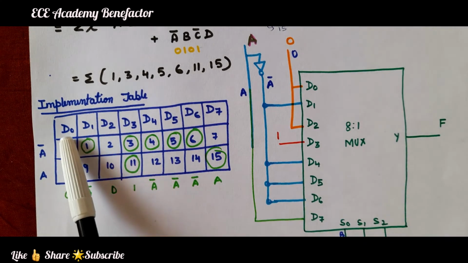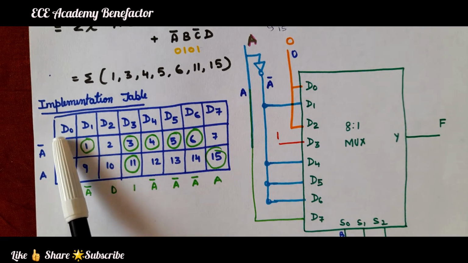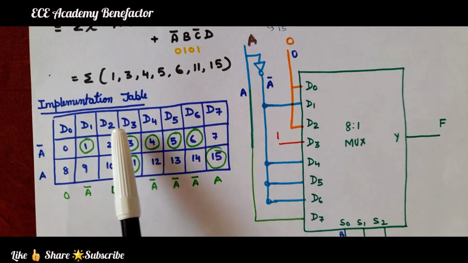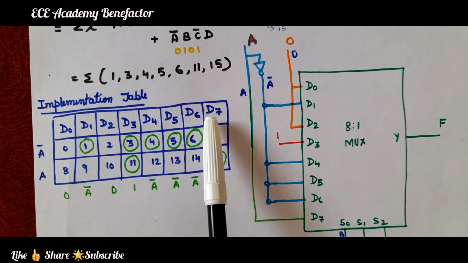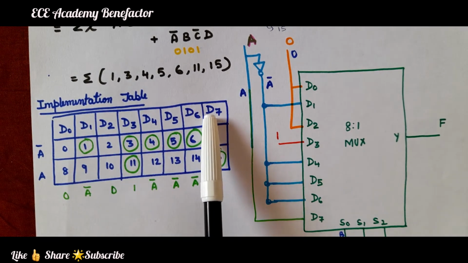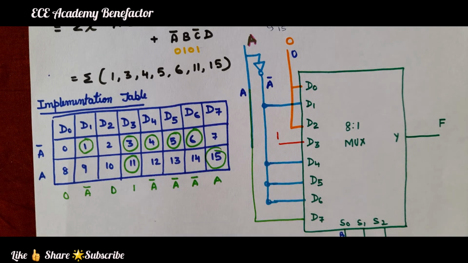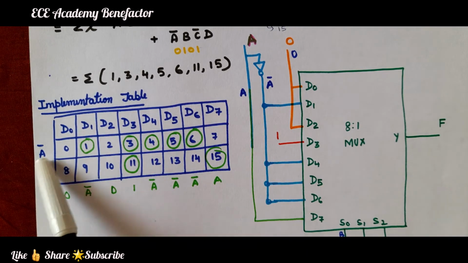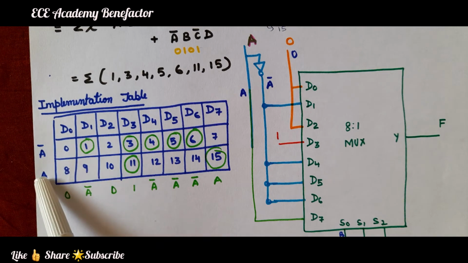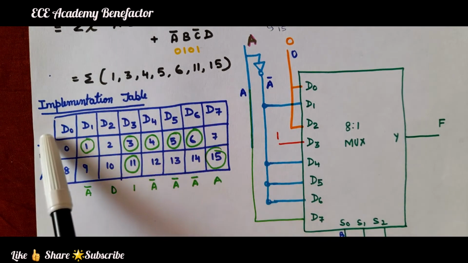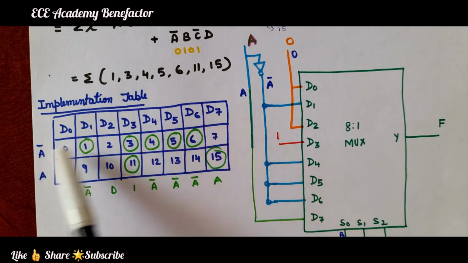So, let us first complete the implementation table. Inputs are D0, D1, D2, D3, D4, D5, D6, D7. And the Boolean function is having 4 variables A, B, C, D. The first variable is written here, A bar and A. So, this is the outer structure of the implementation table.